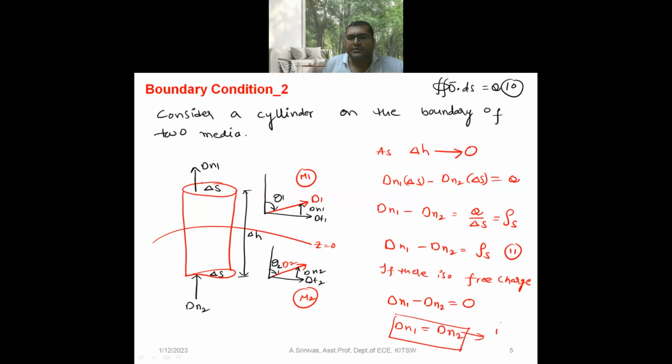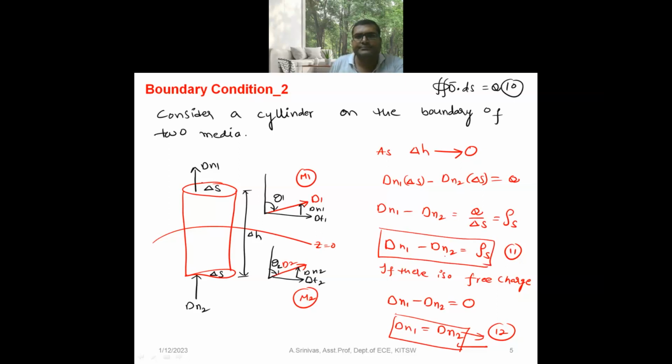Equations 11 and 12 constitute boundary condition 2. The normal component of electric flux density is continuous across any boundary except at the surface of a conductor boundary, and at the conductor boundary it is Dn1 minus Dn2 is equal to rho s.